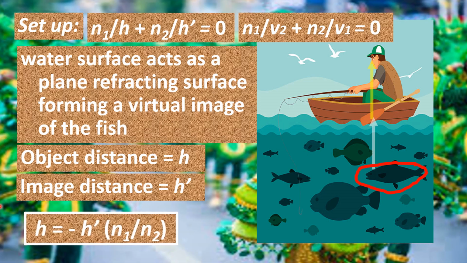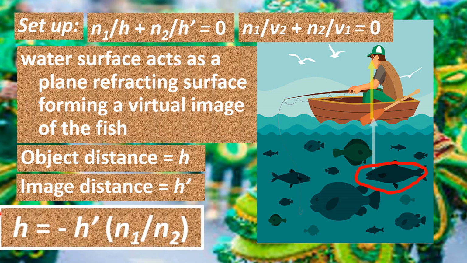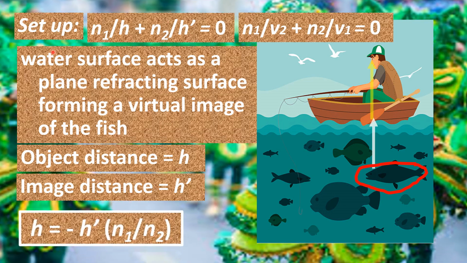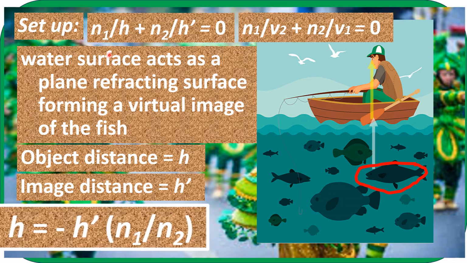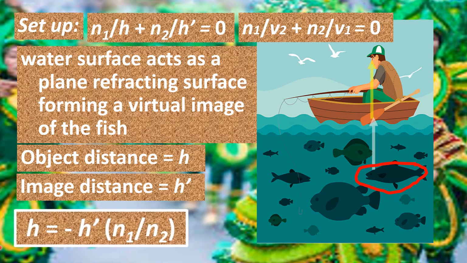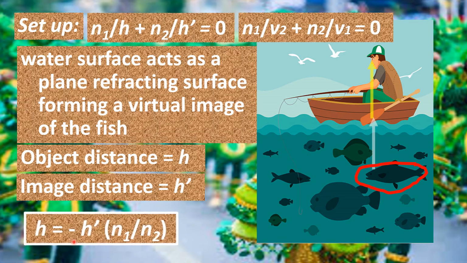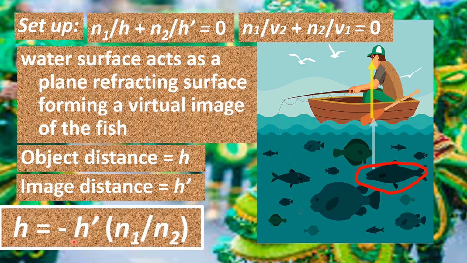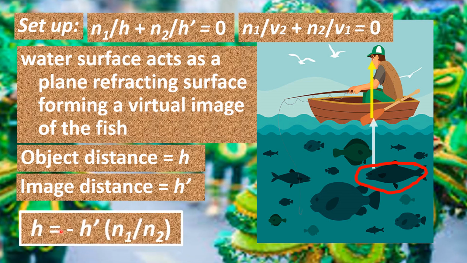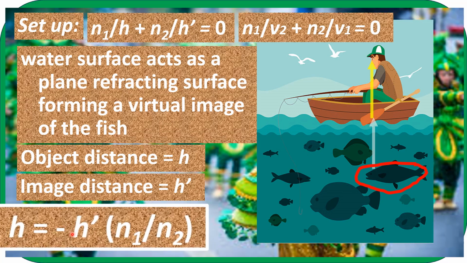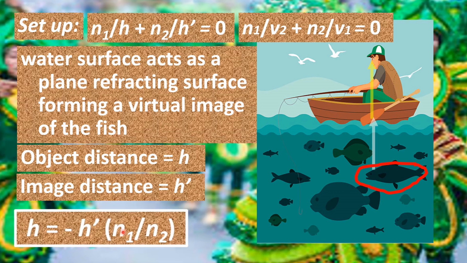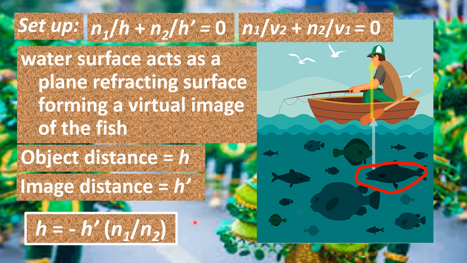Take note, upon transposing n2 over h prime to the other side of the equation, we put a negative sign. So that is why we have indicated a negative sign for the right side of this working formula.